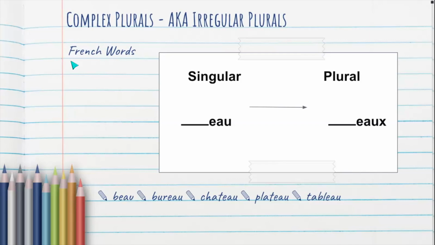So there's a handful of French words that we've borrowed, and through the borrowing maintained the French pluraling structure, which is adding that X on the end. So maybe I go somewhere and I see multiple plateau. I don't see plateauses. That's not the word.